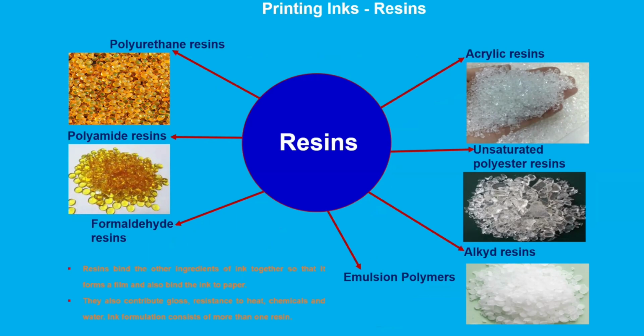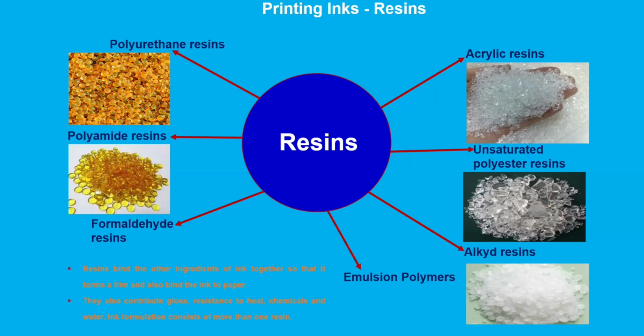Remember, we discussed in our previous slide that there are four components of printing inks: pigments, resins, additives, and solvents. In pigments, we are using multiple types of pigments. Like in white ink, we are using titanium dioxide.